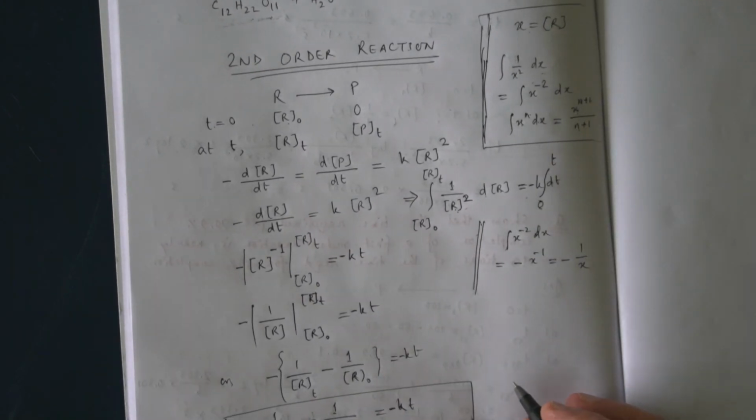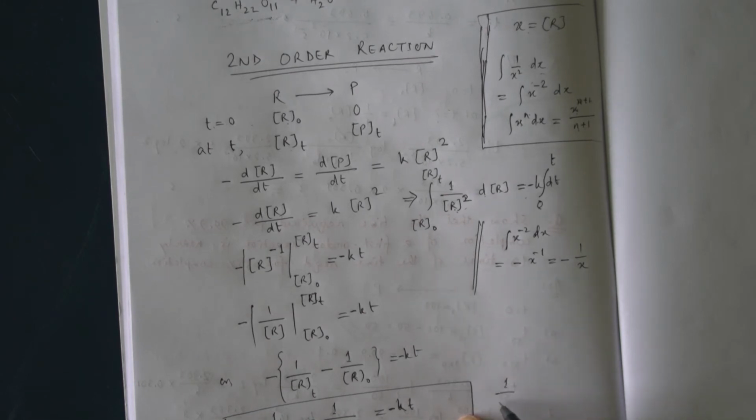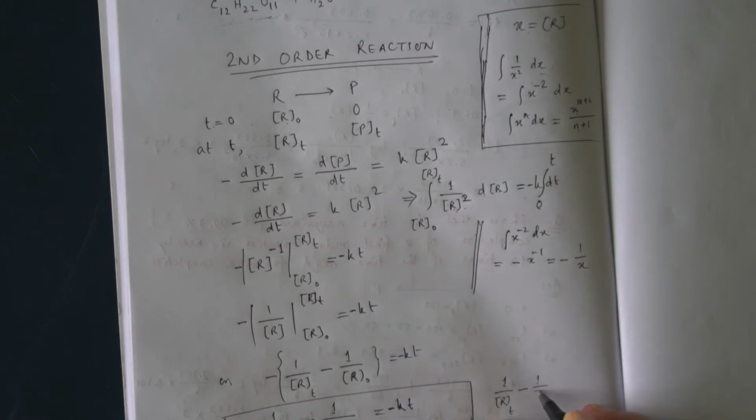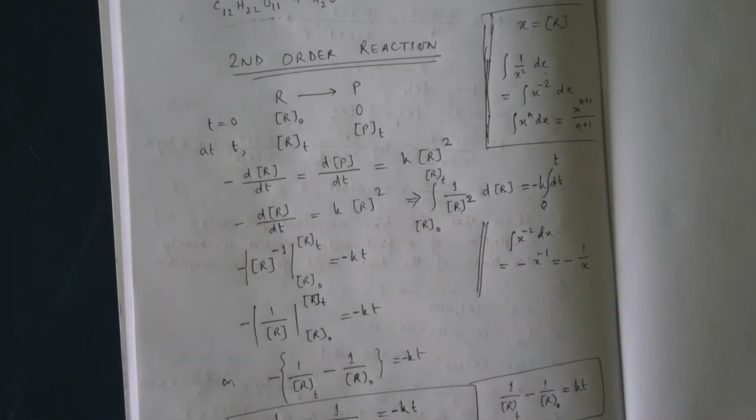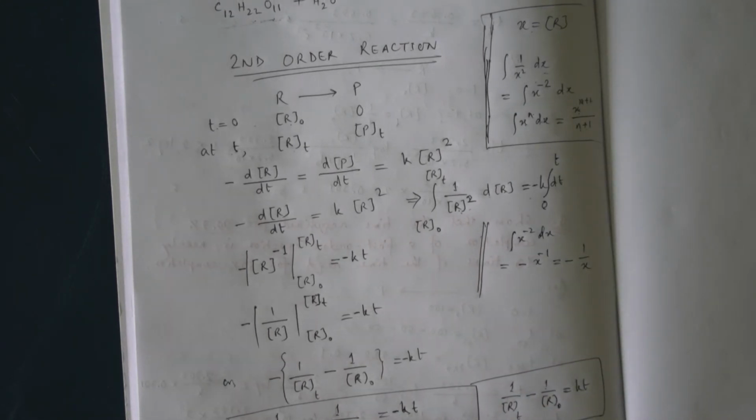So I can write it like this: 1 by RT minus 1 by R naught equal to KT. This is the correct thing.